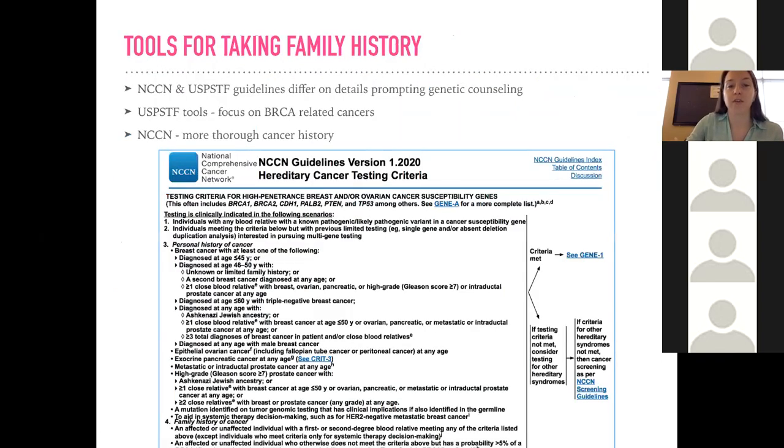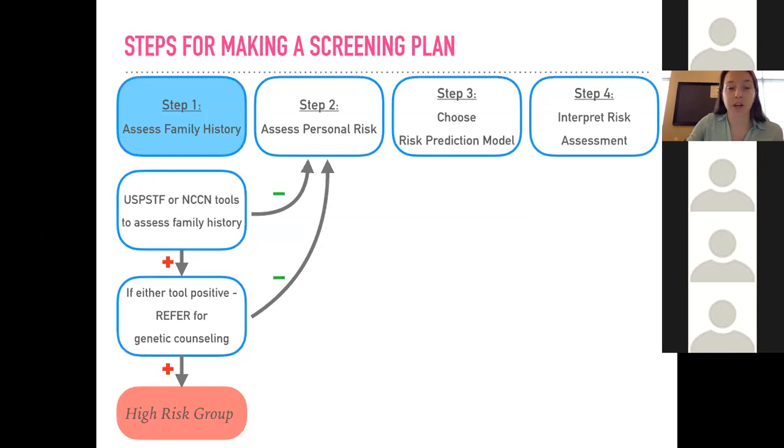If you look into the NCCN guideline, that's where you can find one of their tools. And once they get their genetic counseling, they will, of course, decide if they're in a higher risk group or what their risk actually is. If you go through the tool and it doesn't refer them to genetic counseling, or it doesn't assign them higher risk, then you can go back to step 2.